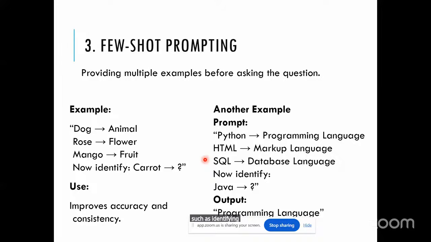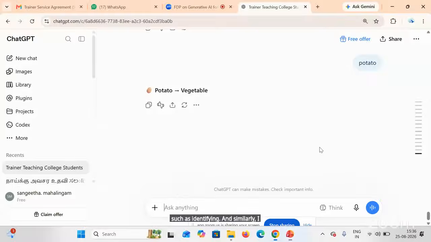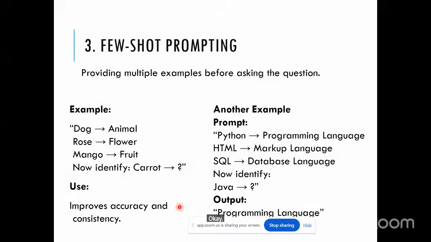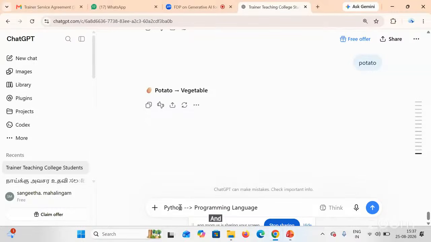And similarly, I give Python as a programming language. I say Python. Similarly, I'm giving another example for this. Python is a programming language. Okay, and HTML is a markup language.